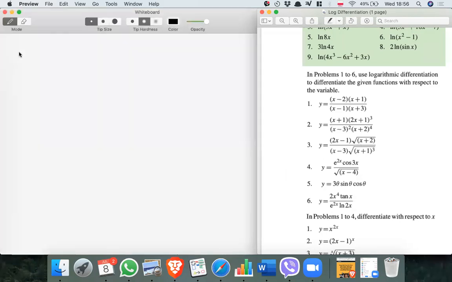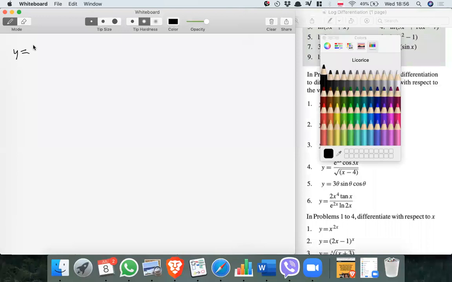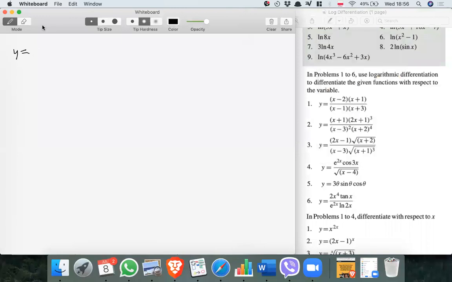So y equals, let me just close this here. So we have 2x minus 1 above the line multiplied by, instead of writing square root of x plus 2, what I'm going to write down is (x plus 2) to the power of half. So now, rather than having a square root, I have a power.